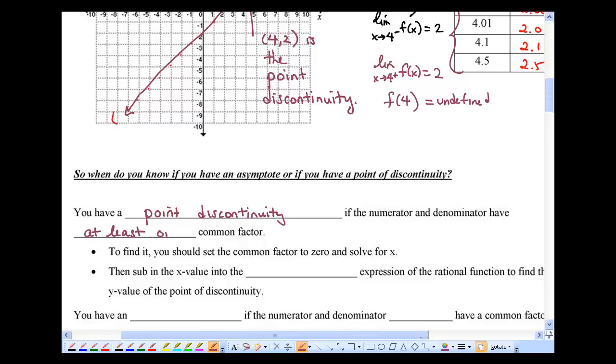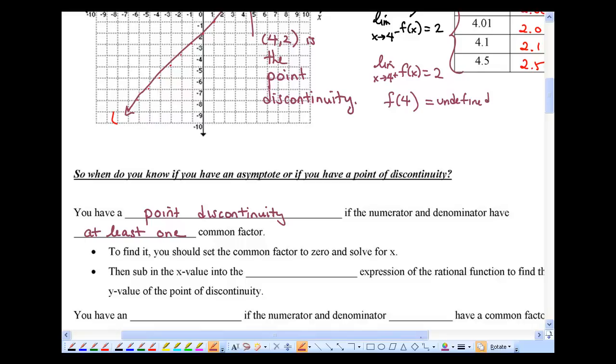Usually it's just one, but there could be more. And to find this point discontinuity, you have to set the common factor to 0 and solve for x. So it's that canceled factor that tells me the point discontinuity.